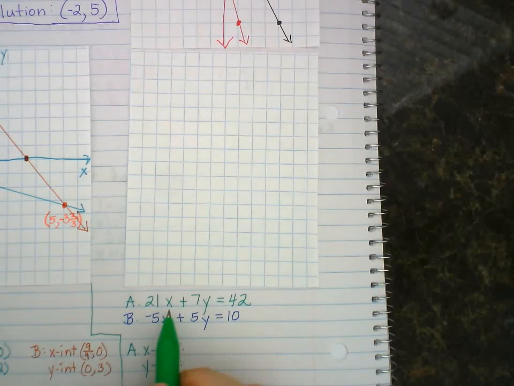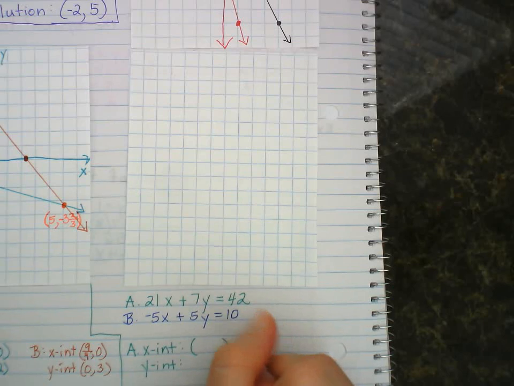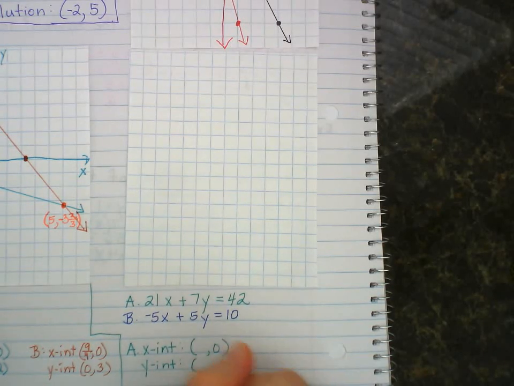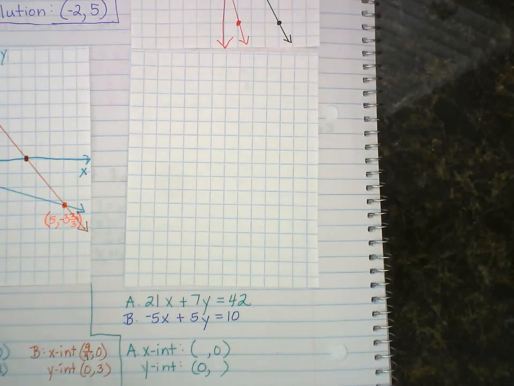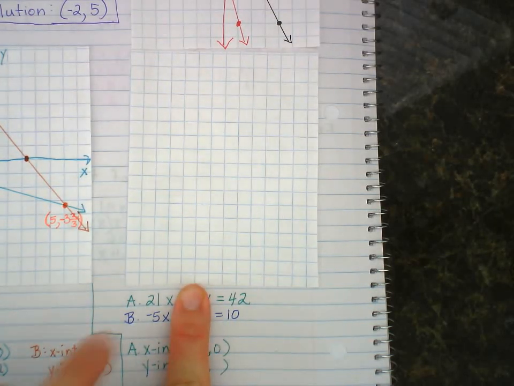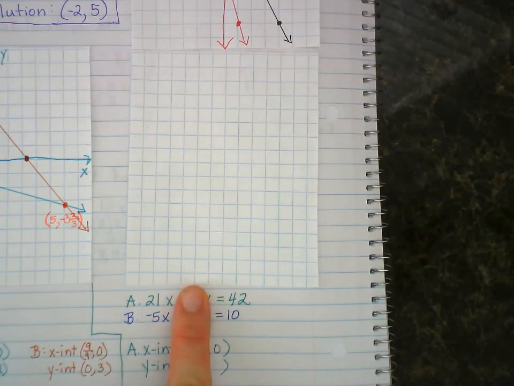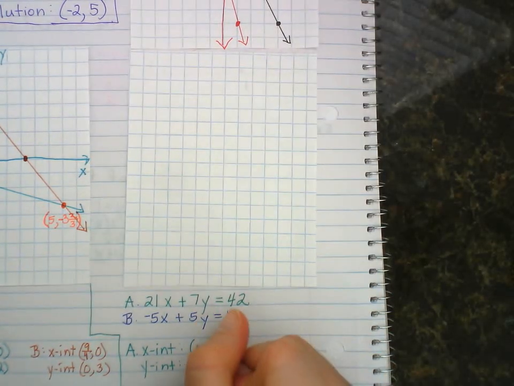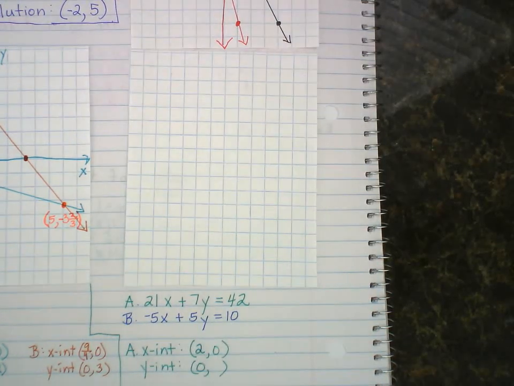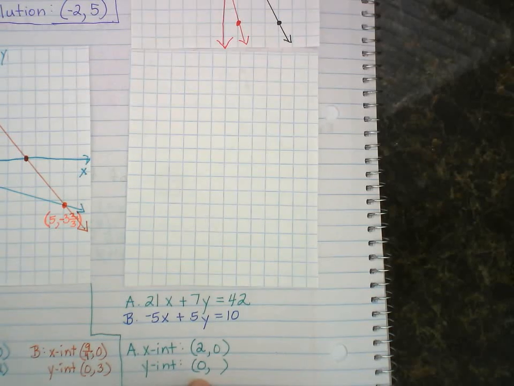Okay, X-intercept is when our y is 0. Y-intercept is when our x is 0. So X-intercept is when our y is 0, so we cover it up. 21x equals 42. So 21 times what number equals 42? 2. So 2, 0.